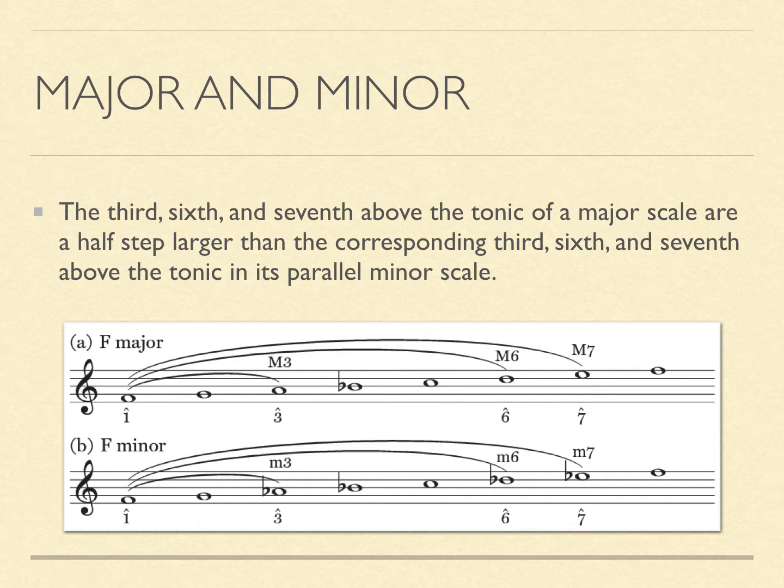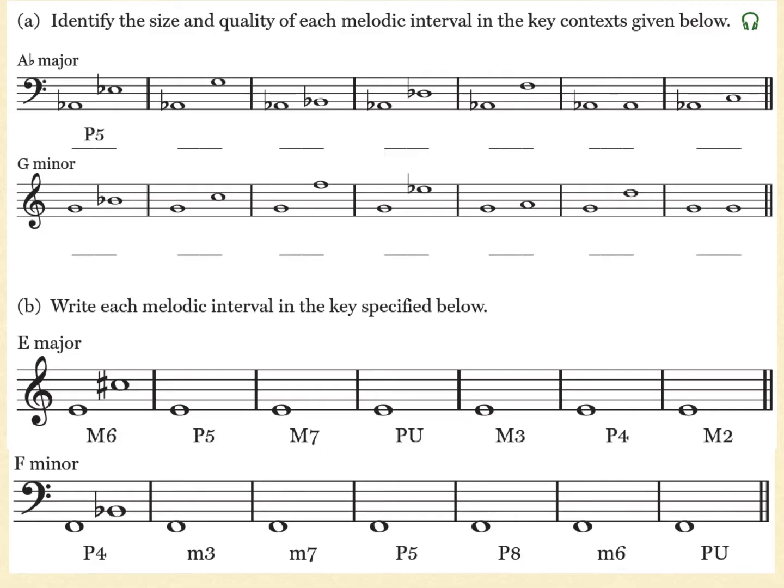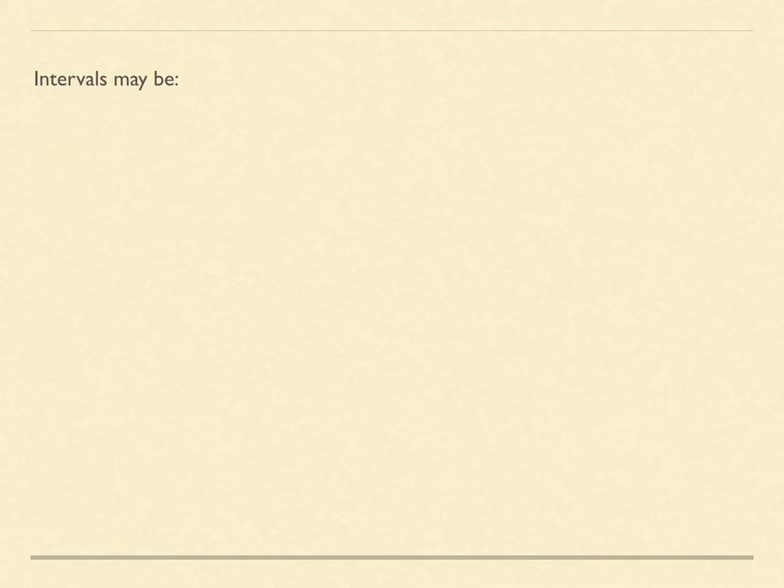That leaves only the second, and in both of the scales, the second is a major second. Again, that applies to all of the different types of minor scale. Next, if you like, there's another practice sheet where you can pause it here and practice a few of these, but I'm going to move on.